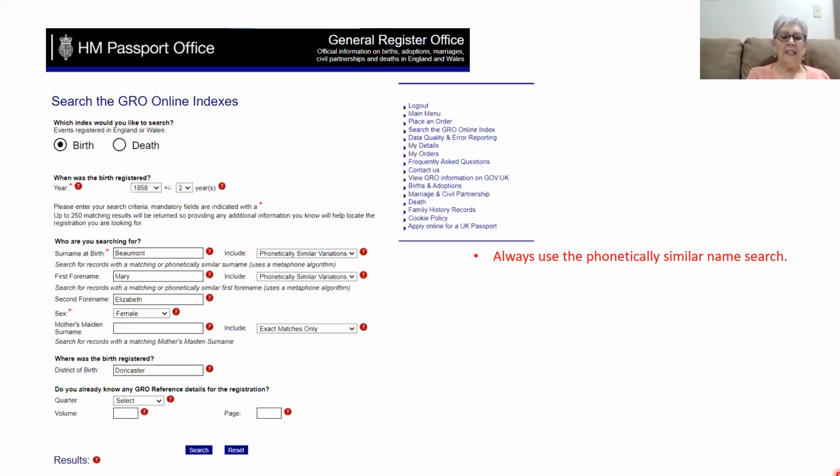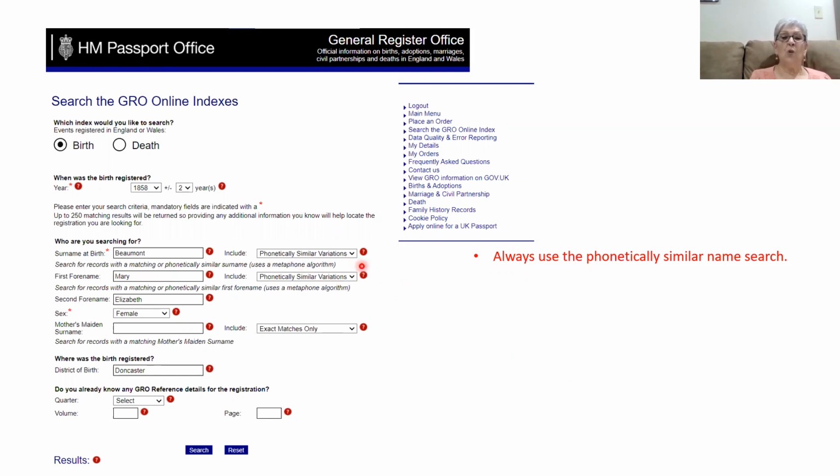Okay, some important hints about searching the GRO site. Now, I want to mention that they have just barely, probably within the past two or three days, changed the search experience there. You used to have similar sounding names and then phonetically similar variations, but the similar sounding names is not there anymore.